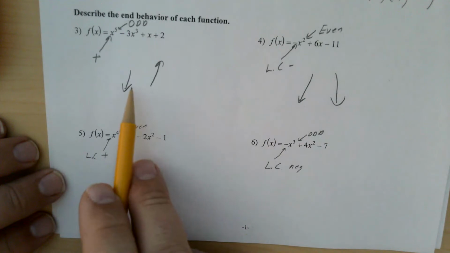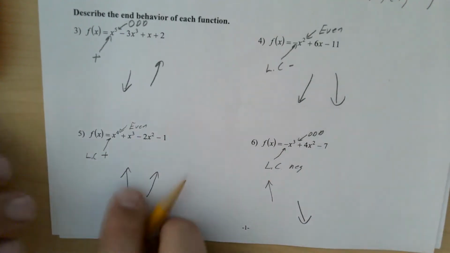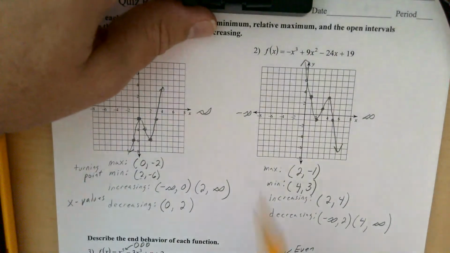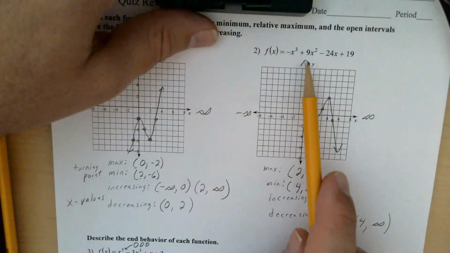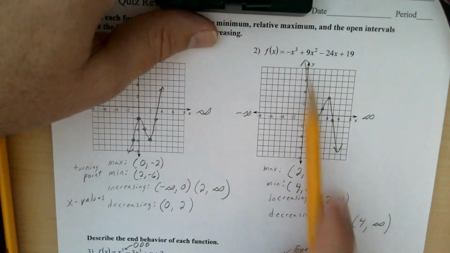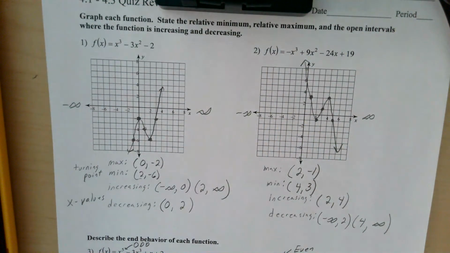So it's just the reverse of this. So it's going to go up on the left, down on the right, just like our number 2 did. Okay, so that's what I need you to understand. Odd and negative, it has to be this end behavior. Okay, just like a line going downhill with a negative slope, that's what you're looking for.